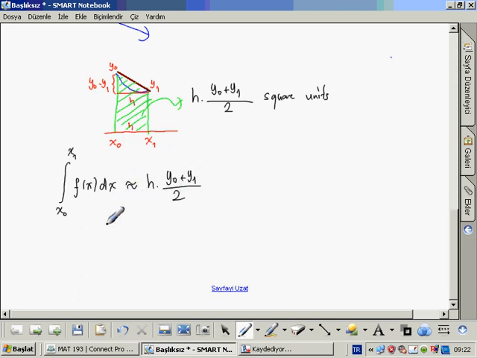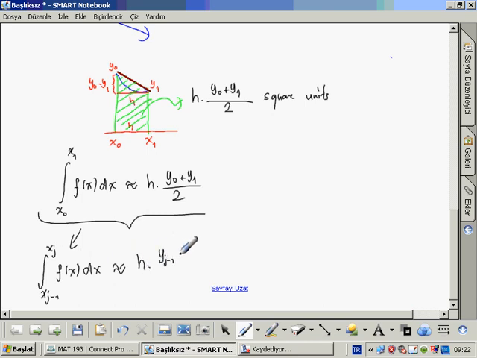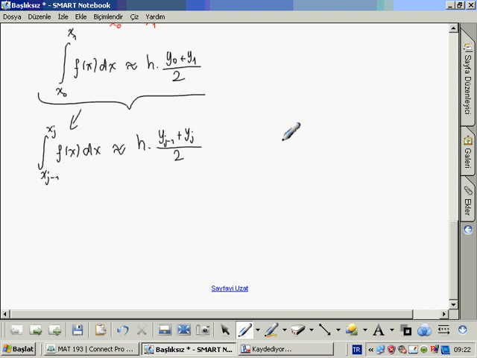You can generalize it to any interval: the integral from xj minus 1 to xj of f of x dx is approximately h times yj minus 1 plus yj over 2, for 1 less than or equal to j less than or equal to n.